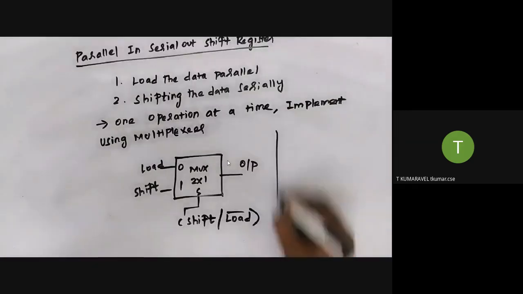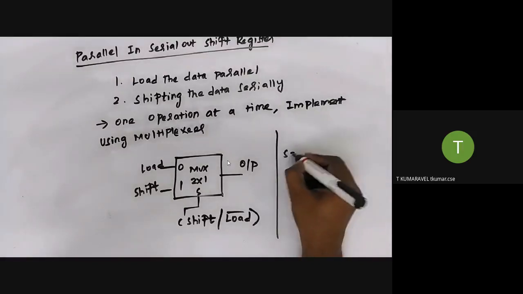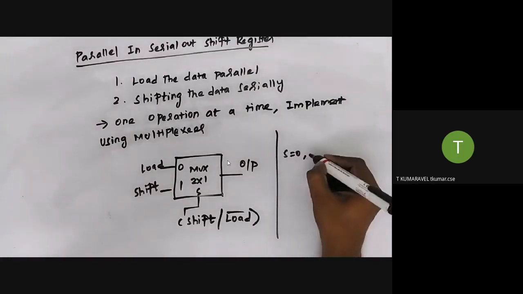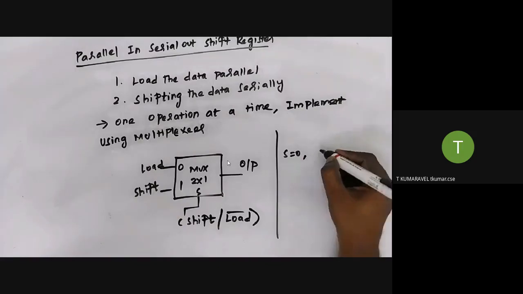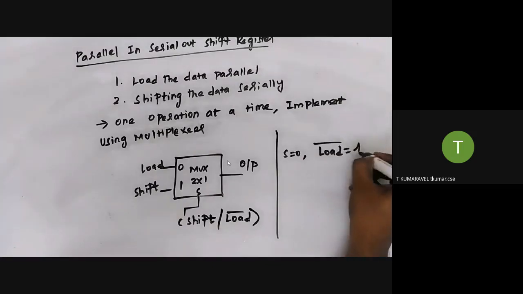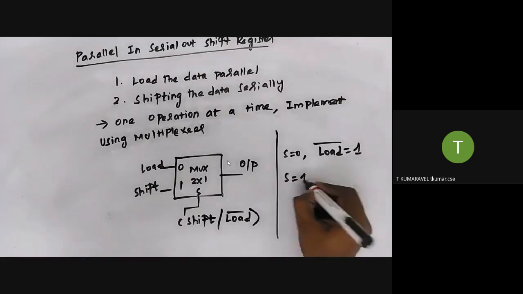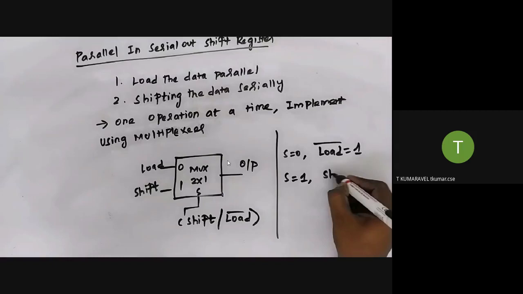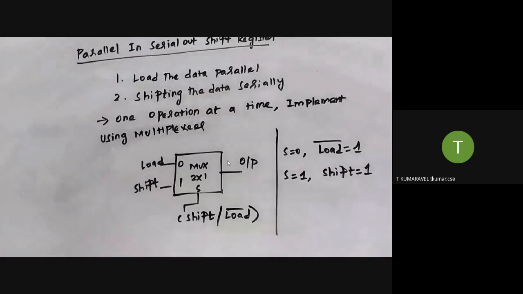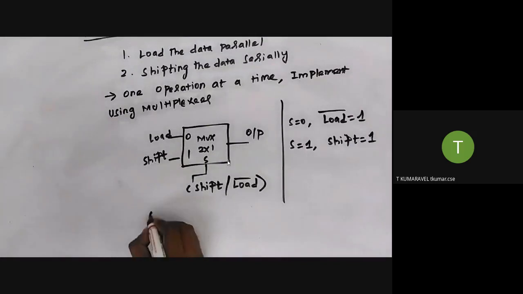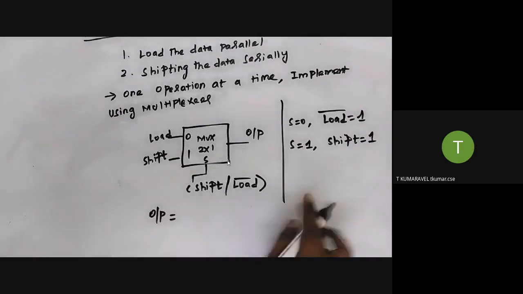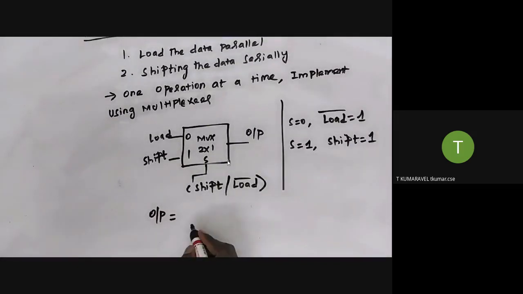Previously we have seen S equal to 0. What happens? S equal to 0 means I'm providing input as 0, and the load bar value equals 1. Suppose S equal to 1, then the shift value equals shift value. Based on this, I'm going to write the Boolean expression for a multiplexer.